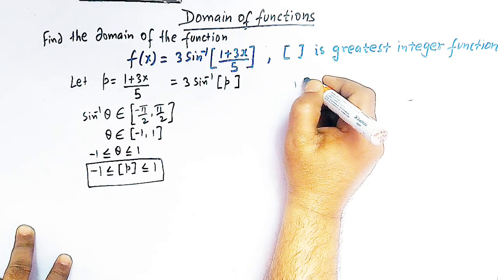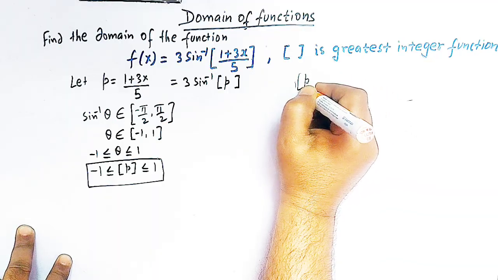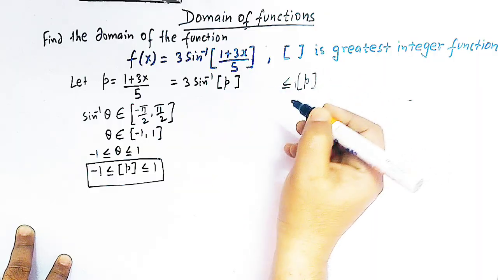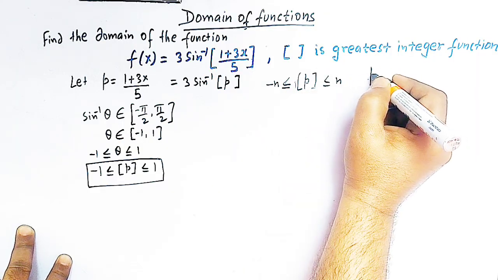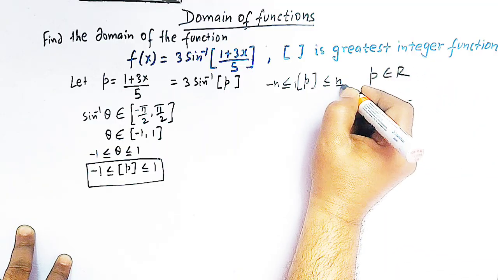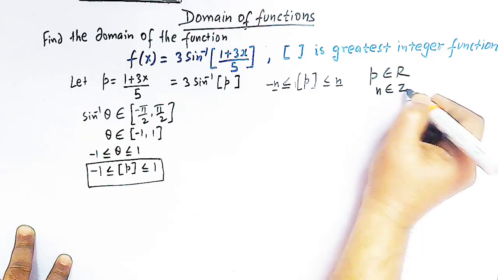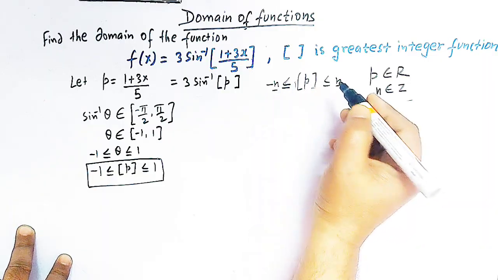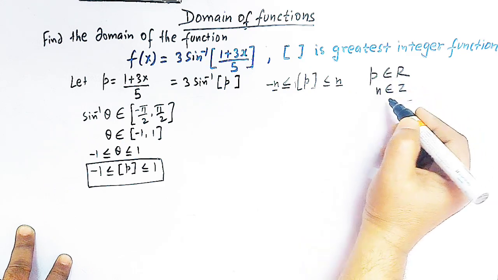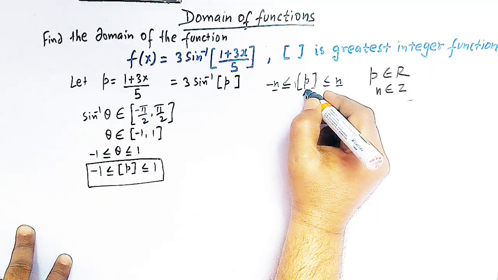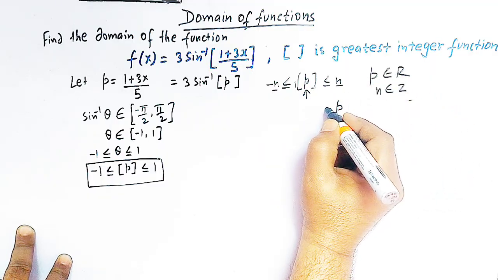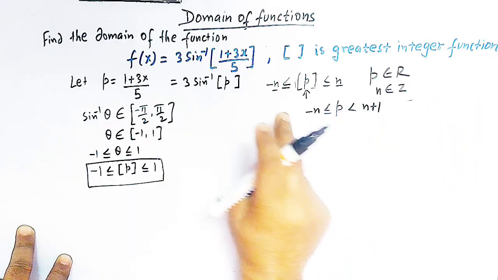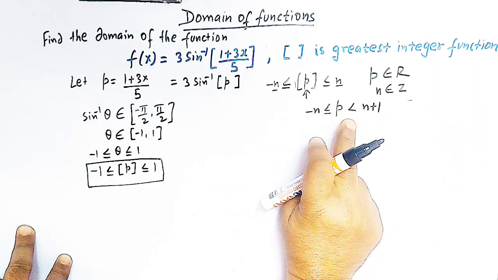If we have a real number p, and the greatest integer of p lies between minus n and n, where p belongs to the set of real numbers and n belongs to the integers, so when the greatest integer of p is greater than or equal to minus n and less than or equal to n, then the real number p should be greater than or equal to minus n but less than n plus 1. We'll make use of this property.